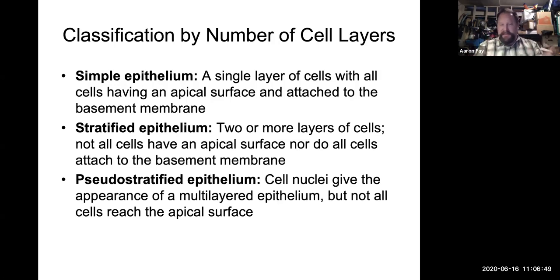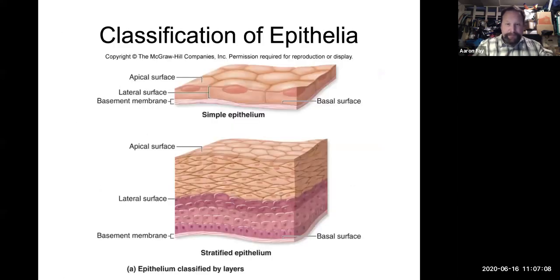To put this more simply, in a pseudostratified epithelium, you only have one layer of cells, but it looks like two or more. And I'll give you tricks for figuring this out. In a pseudostratified epithelium, all the cells will connect to the basement membrane, but not all of them will reach the apical surface.